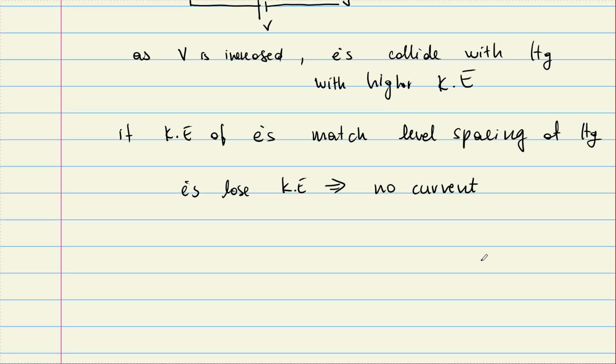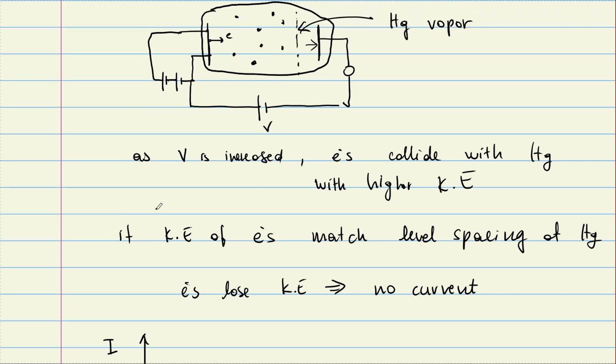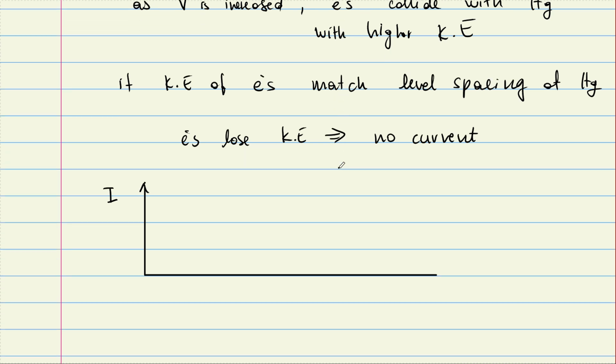Now we can think about what's going to happen. So here is our experiment, and here is the result. This is the current you see in this ammeter, and this is the amount of V you give. If the energy is initially small, like there is mercury, there is something like 13.6.